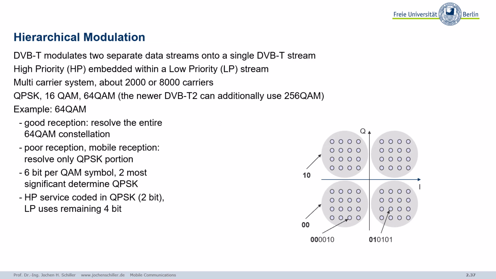This gives you an example of the modulation used in the digital video broadcasting system for terrestrial broadcasting. DVB knows the DVB-T for terrestrial, DVB-C for cable TV, and DVB-S for satellite. So the current version is DVB-T2 for the terrestrial transmission.